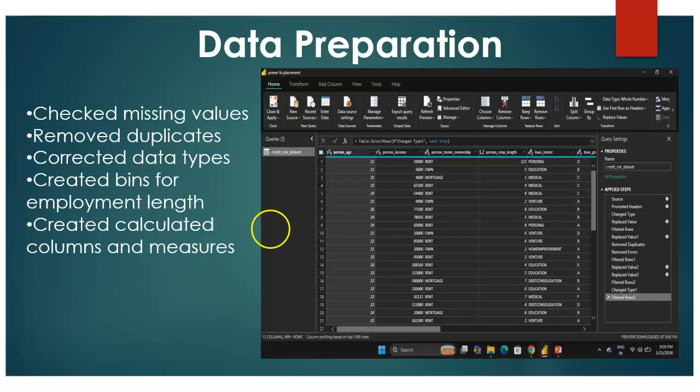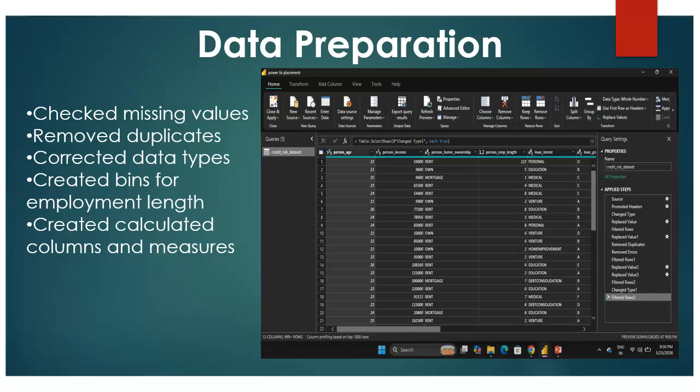Then the data cleaning and pre-processing. Before starting visualization, I performed data processing. These steps include checking missing values, removing duplicates, correcting data types, cleaning inconsistent records, creating bins for employment length, and creating calculated columns and measures.